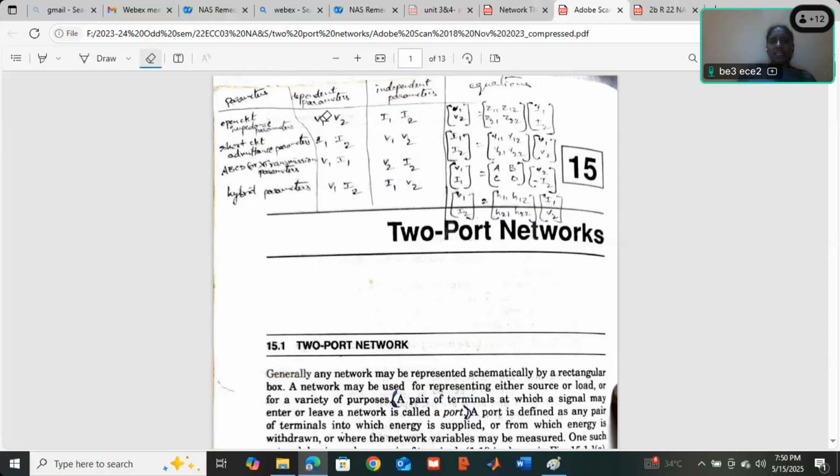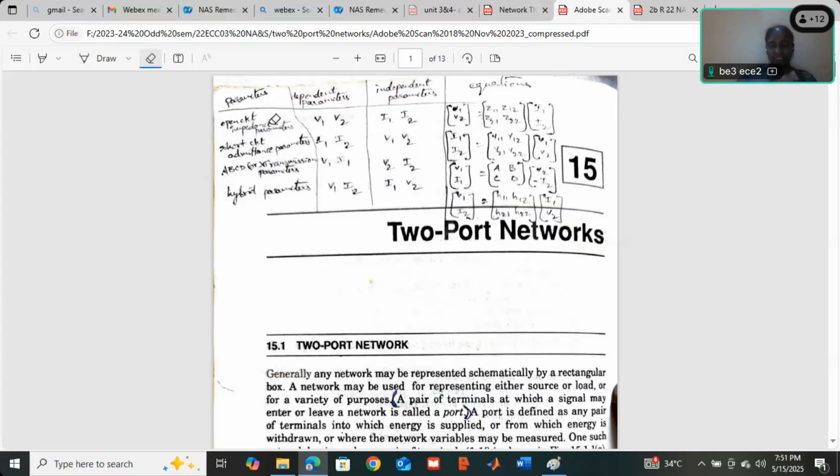And the independent and dependent parameters are here. This column is dependent and this column is independent. Now, you will have two equations in each of these parameters.